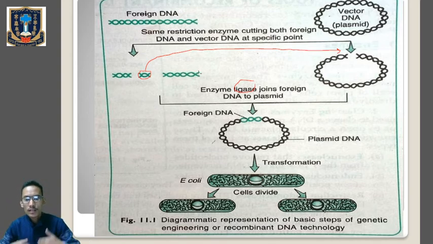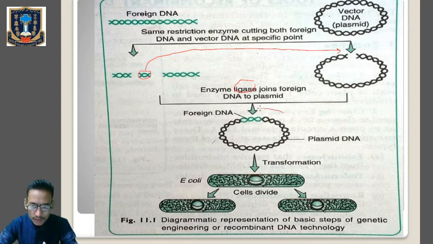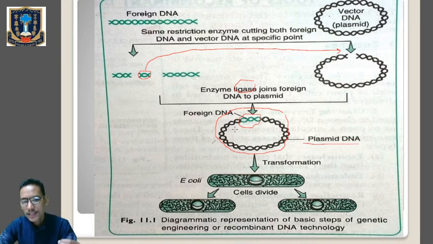So finally a new DNA will be produced having the DNA from the foreign source and the DNA from the plasmid. This type of DNA is known as recombinant DNA because it has DNA from two different sources, one from the foreign DNA and another from the plasmid DNA.